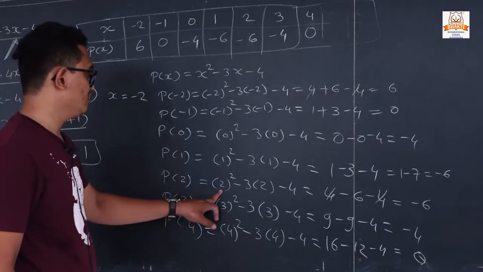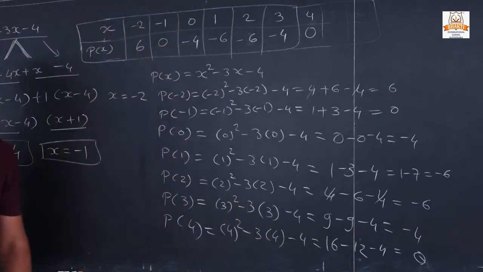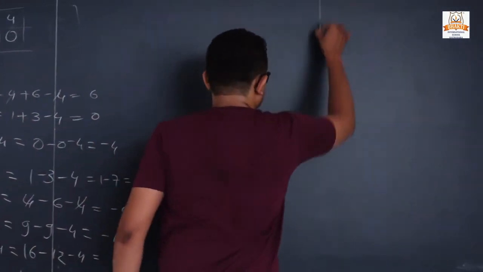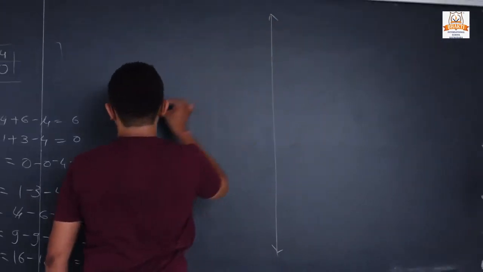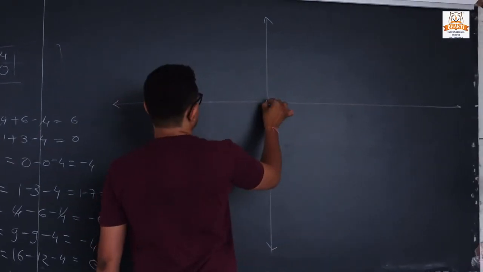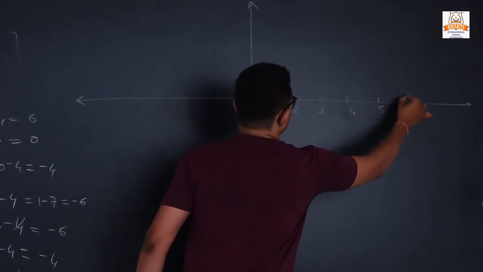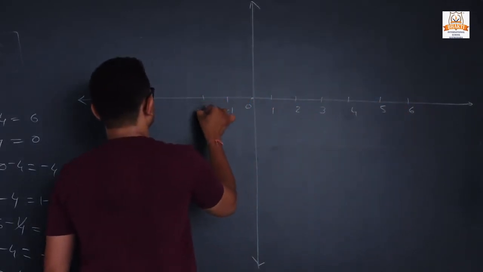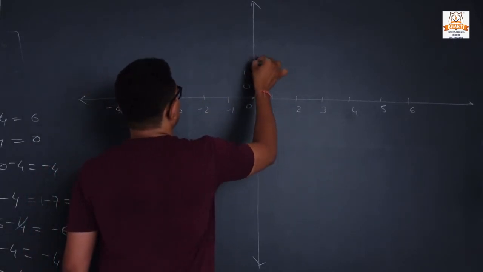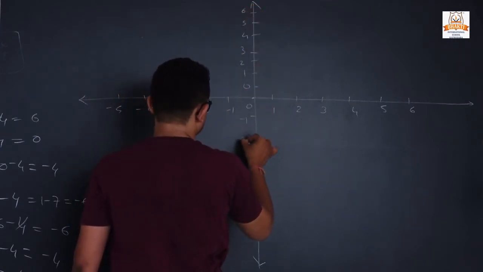Now we want to draw the graph from that chart. So for that we make the axes. Here we have 0, then 1 2 3 4 5 and 6, and -1 -2 -3 -4.